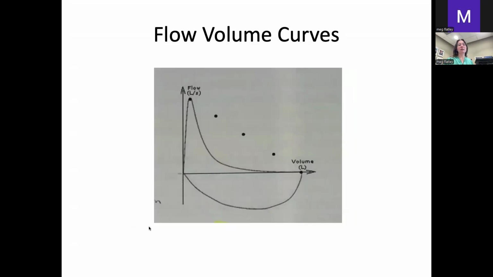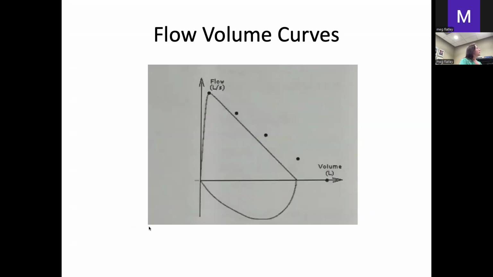And then I do think it's worth just kind of remembering what an obstructive versus a restrictive flow volume curve looks like. So what's this one? Yeah, obstructive. So what are some obstructive pathologies? Yeah, COPD. And then this is restrictive.